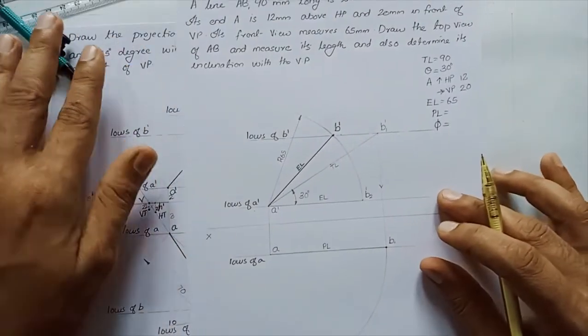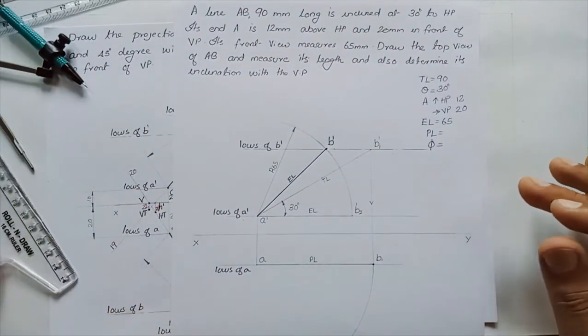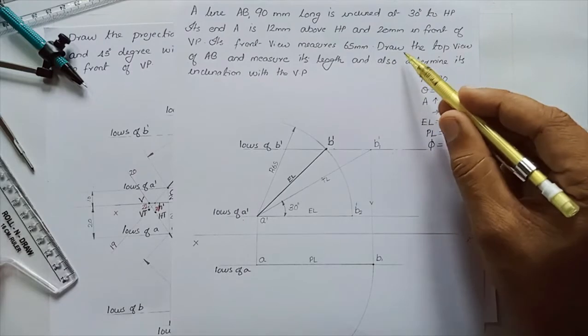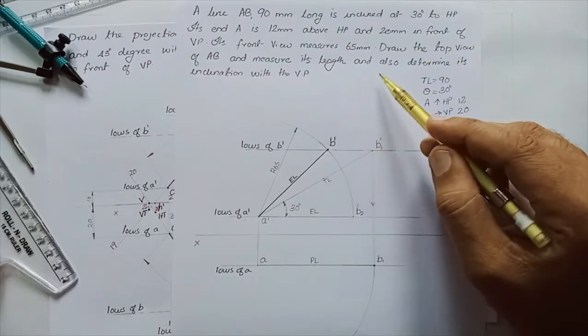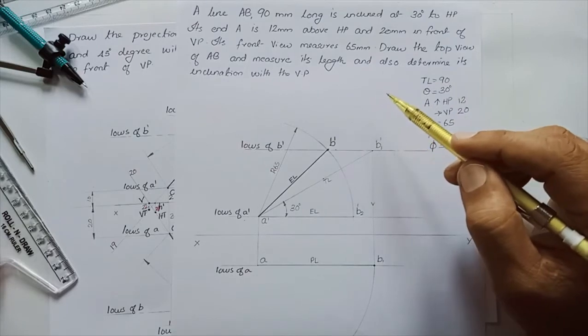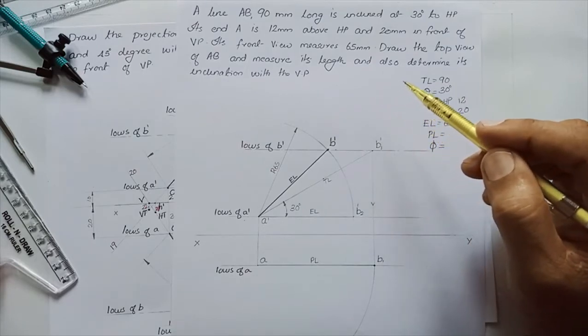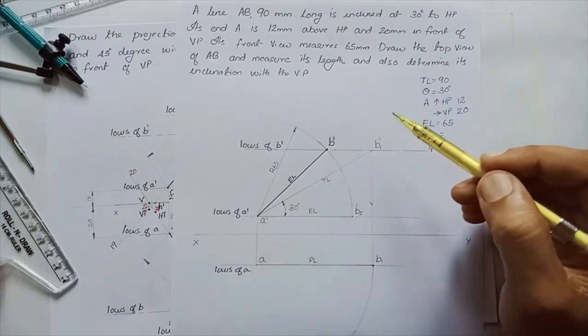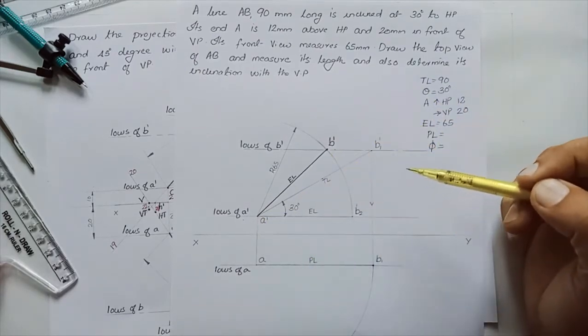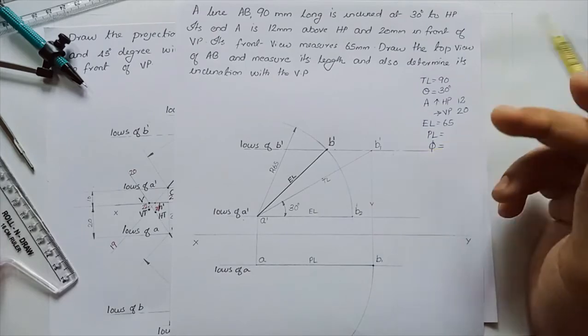Now the next step is, what we require is you have to draw the top view of AB, measure its length, and also determine the inclination with respect to VP, is it? So how to draw the top view? You have to obtain AB, is it? A dash, B dash is already there in our diagram. So how to obtain AB, which is the actual top view?